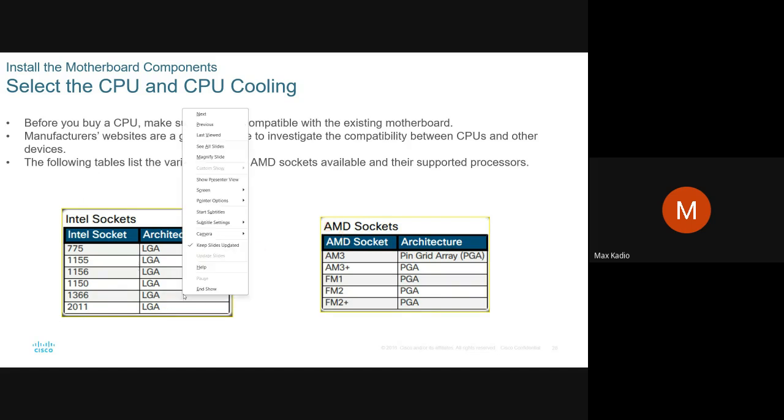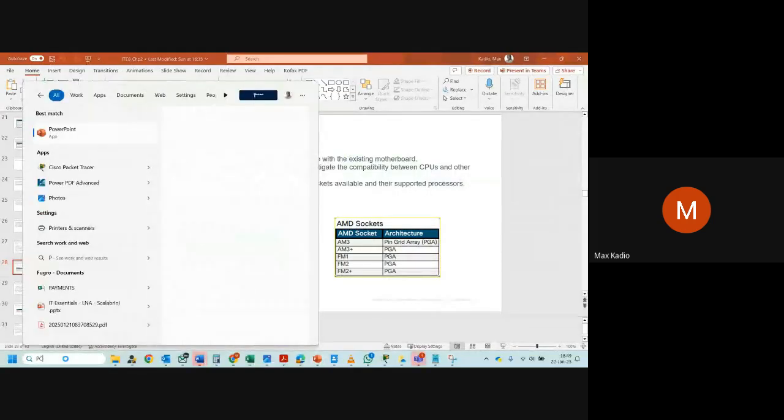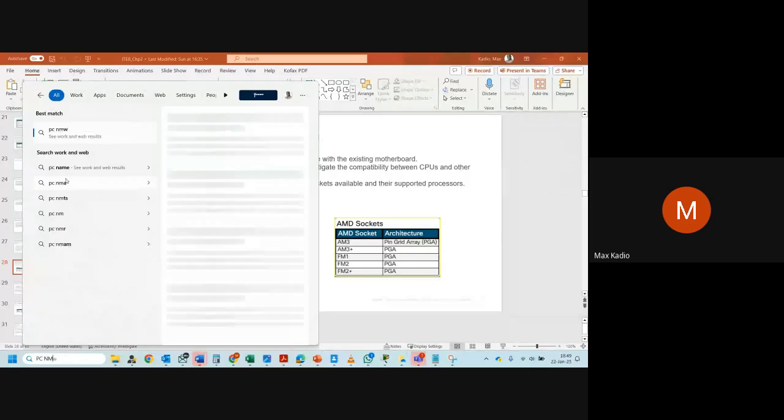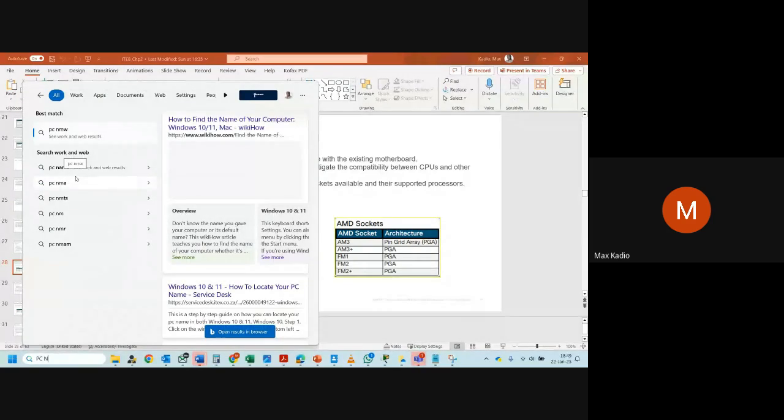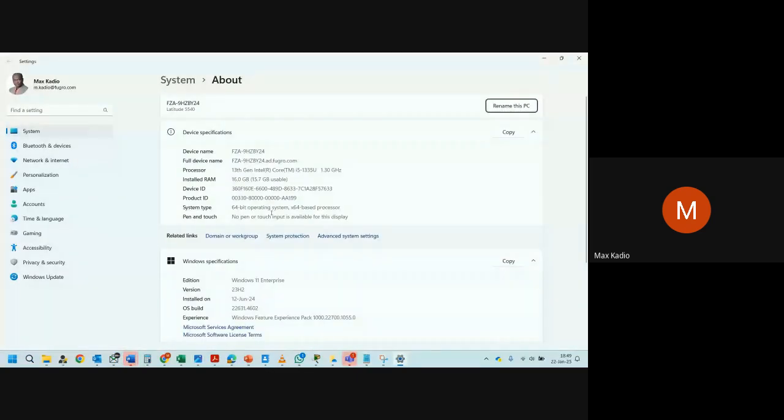For example, if I go to my PC and I type the PC name, I come here, and so you can see RAM. Install RAM, and you can see the processor, the central processor unit, the RAM, the CPU.